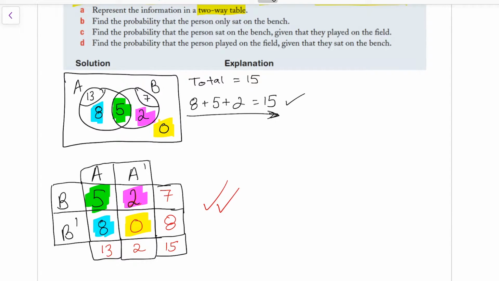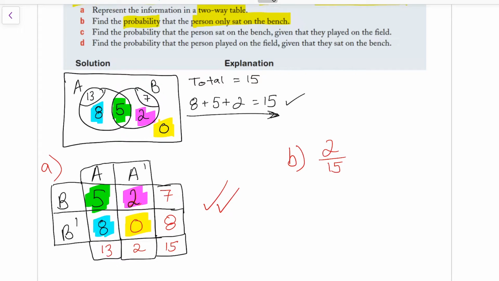So once you've done your two-way table, now they're asking us some of our probability questions. So now I can go back to what the questions further were asking. So find the probability that the person only sat on the bench, hence they've used the word only there. So the person who only sat on the bench, there was 2 out of 15.